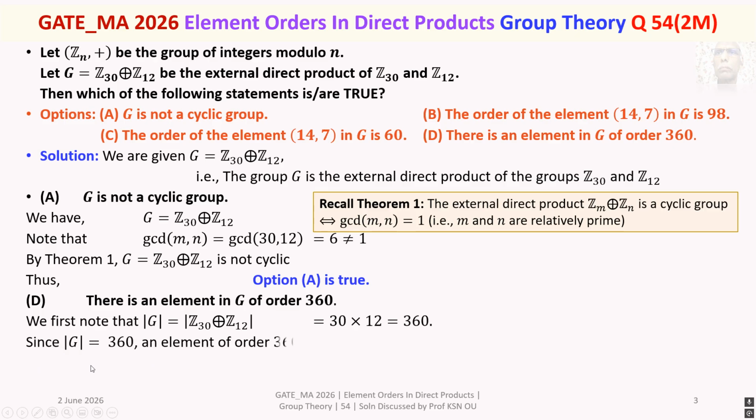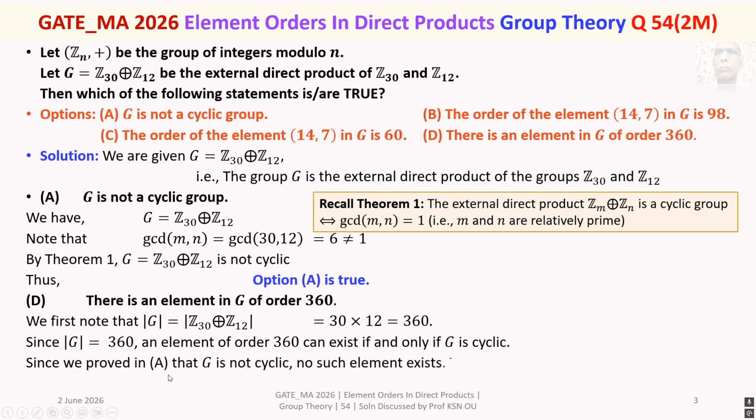Since the order of G is 360, an element of order 360 can exist if and only if G is cyclic. But in option A, we have seen it is not cyclic. Since we proved in A that G is not cyclic, no such element exists. Therefore, G has no element of order 360. Thus, option D is not true.